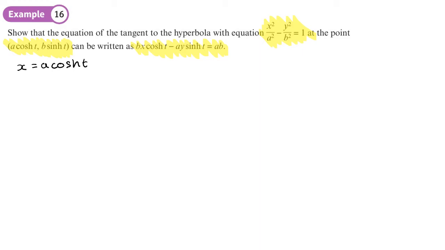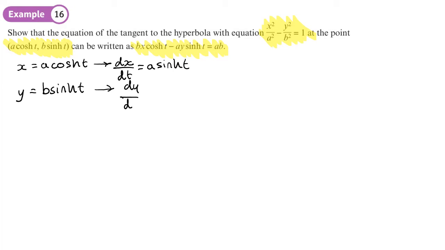So if x equals a cosh t, then dx/dt, not dy/dx, is going to be a sinh t, and if y equals b sinh t, then dy/dt is going to be b cosh t.